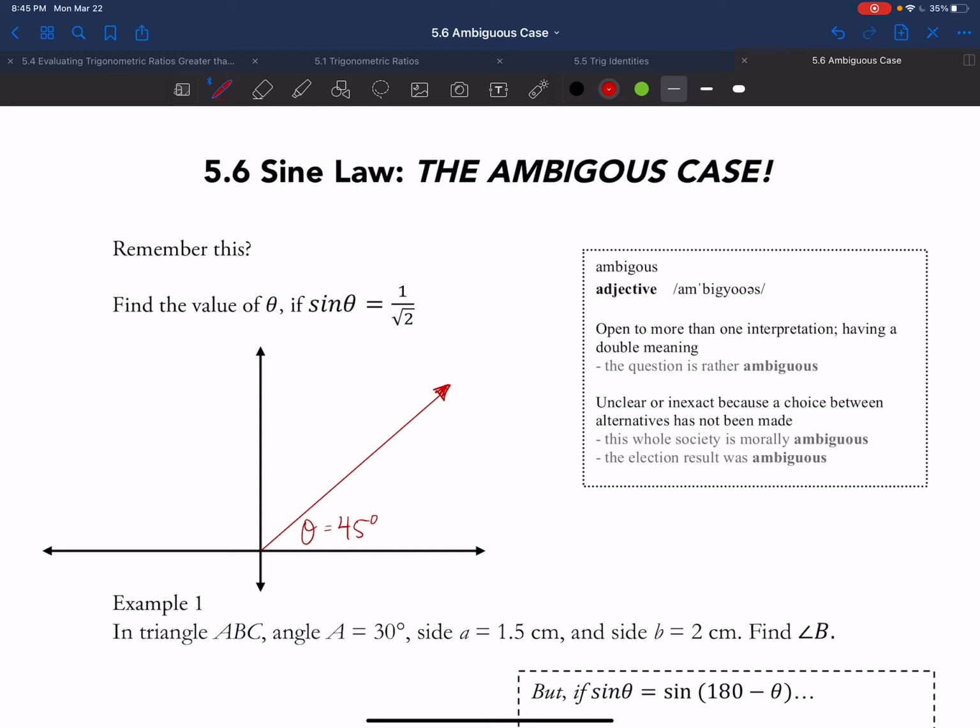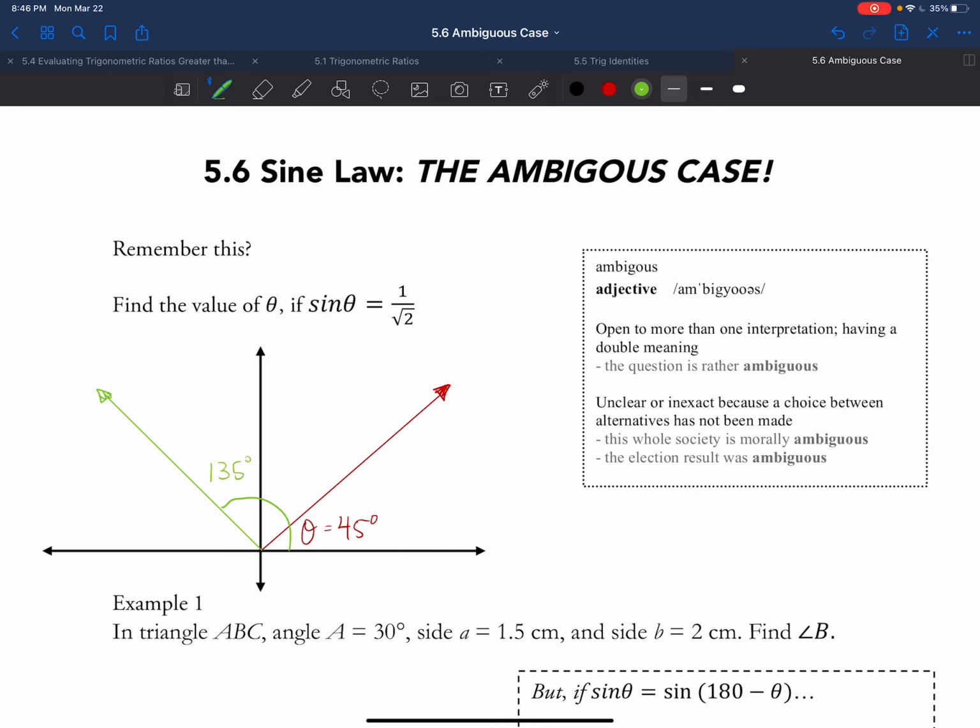is. So if we remember that sine of theta is equal to 1 over root 2, or root 2 over 2, we remember that the angle is 45 degrees, or theta is 45 degrees. But it could also be in the second quadrant, or 135 degrees.